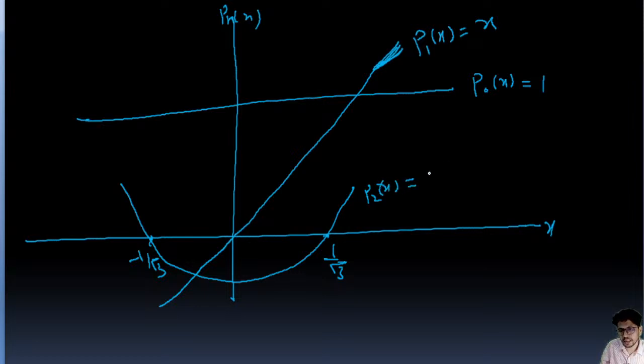And this is for p2x, whose value we know is 1 by 2 times 3x square minus 1, right?